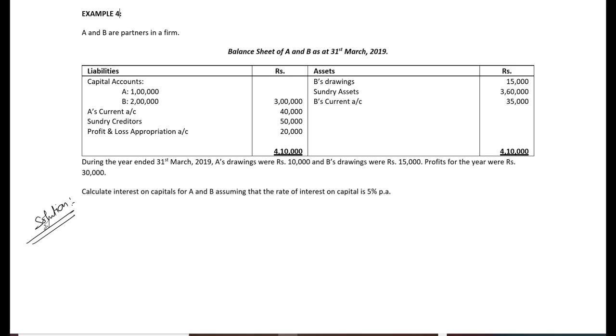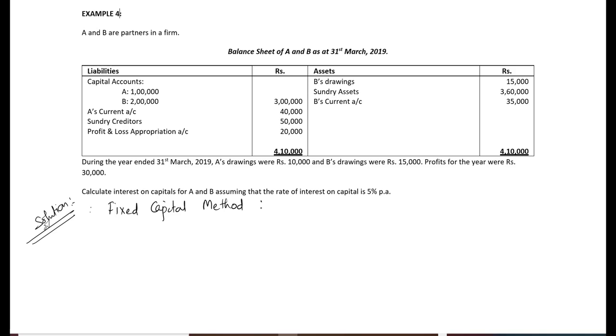Now we have to be very careful in this example. The current account balances are given, which means that the method of maintaining capital accounts is fixed capital method. Also, under the fixed capital method, the capital accounts of the partners will remain the same year after year unless capital is introduced or capital is withdrawn.